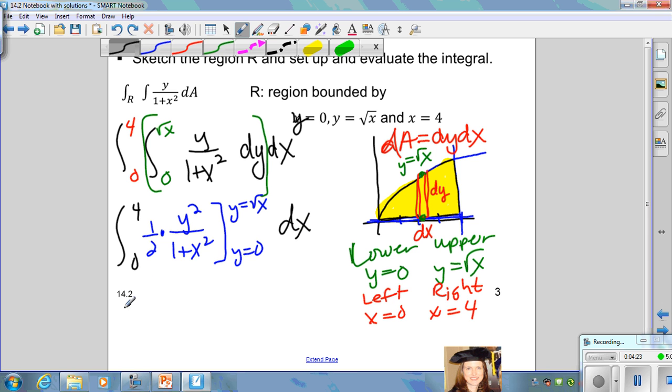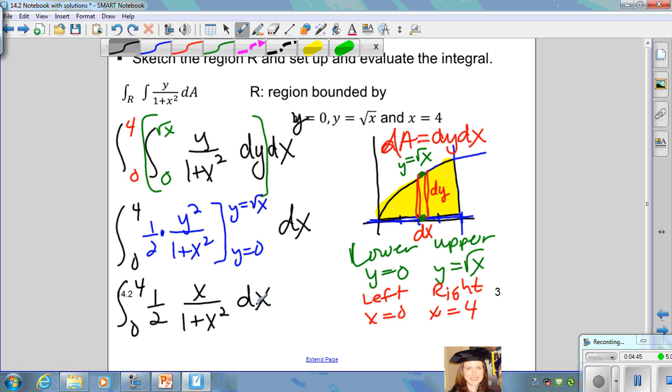When y is the square root of x and we square it, we get 1/2 of x over 1 plus x squared. When you plug in 0 for y, you get 0. So this is our single definite integral.